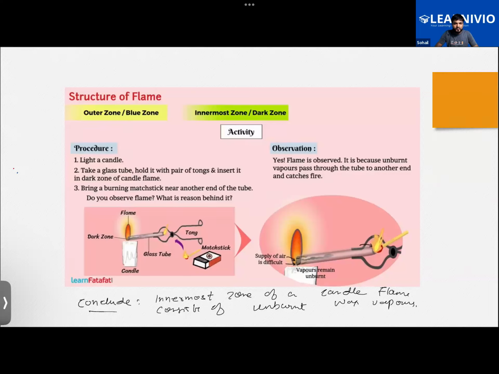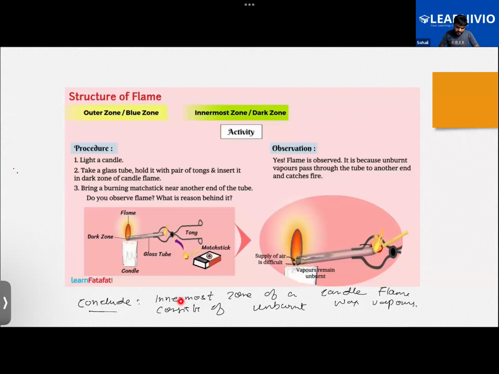The outermost is the hottest, and we will prove that with an activity. Then which one will be the coldest zone? The innermost. What is the color of the innermost zone? Black. Very good.